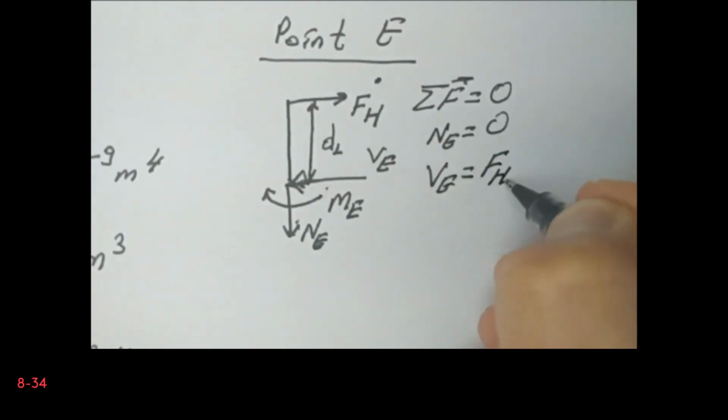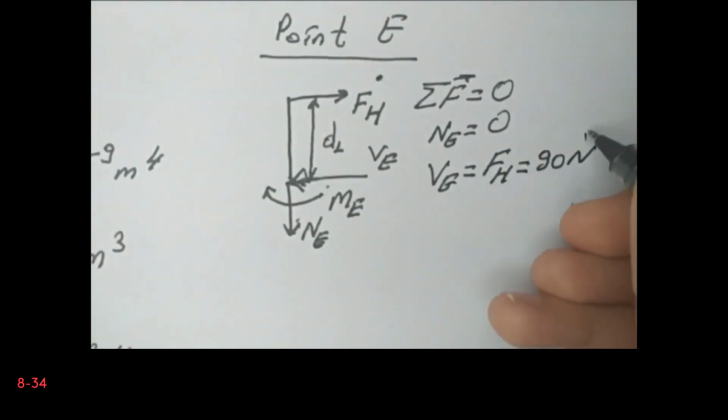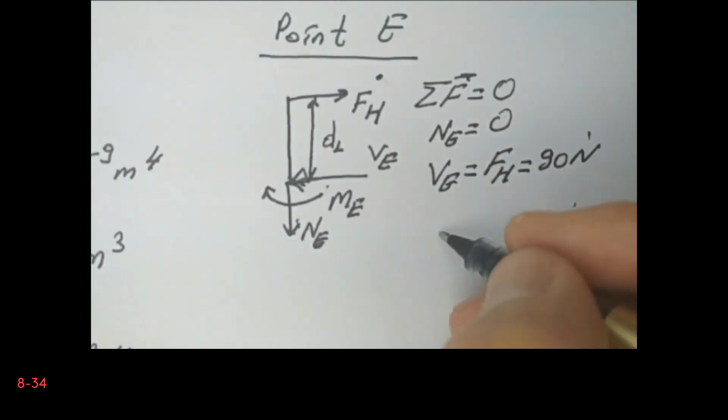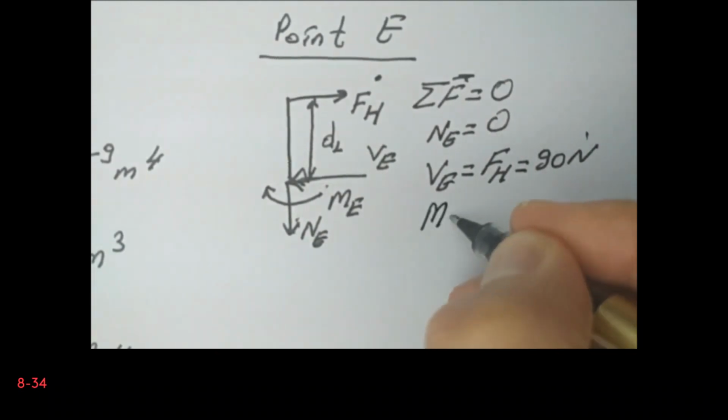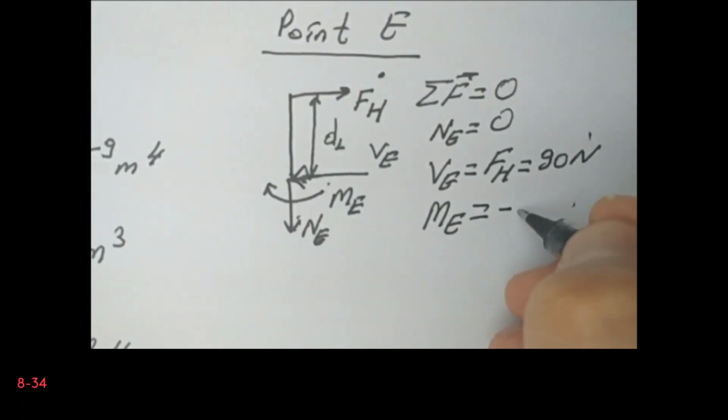Now obviously ME is equal to minus FE multiplied by the D1.